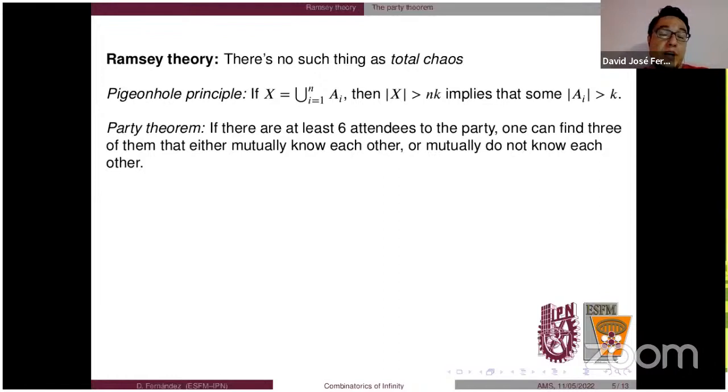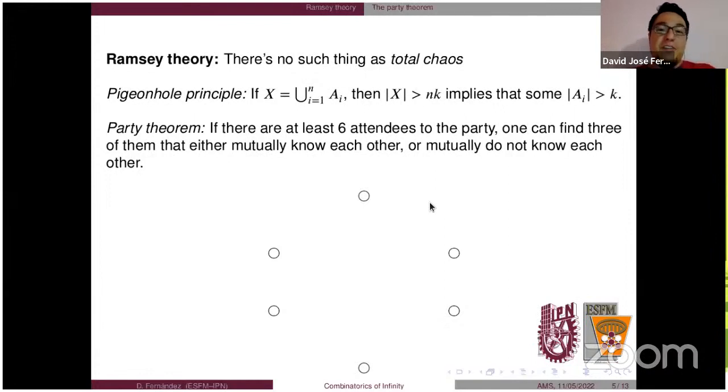But what we're asserting in this theorem is more than that. It's not just that there are edges in the same piece. Here are my edges, and 3 people would be 3 vertices such that all the edges between them are of the same type. We're partitioning the edges according to whether or not the people know each other.